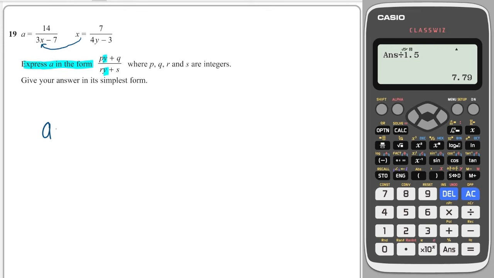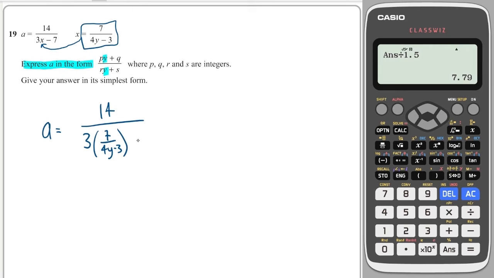So I write a is equal to 14 over 3, and rather than writing x, I don't want x anymore, so I'm going to replace the x with 7 over 4y minus 3. So 7 over 4y minus 3.